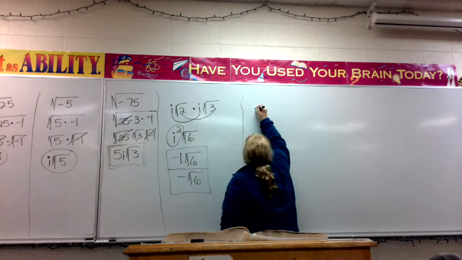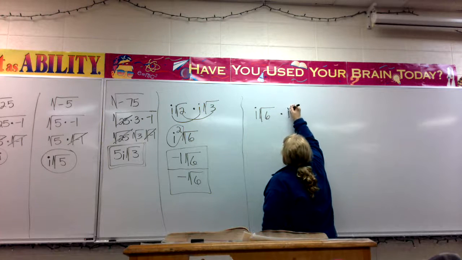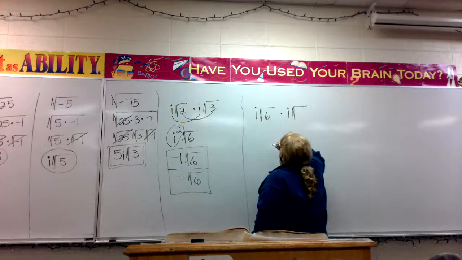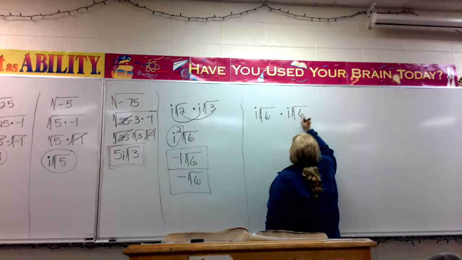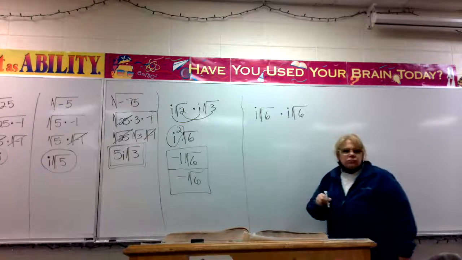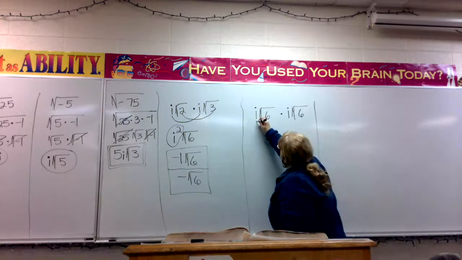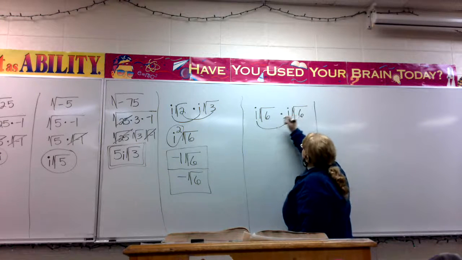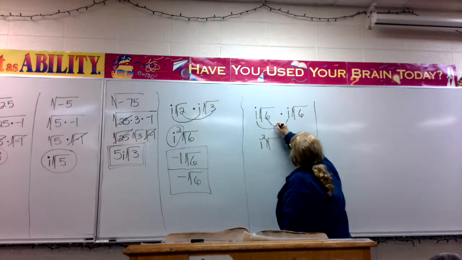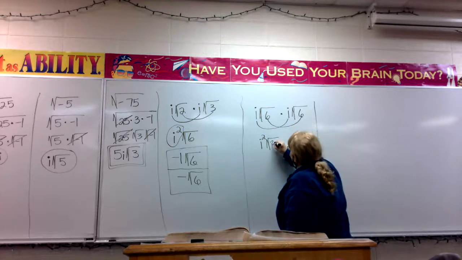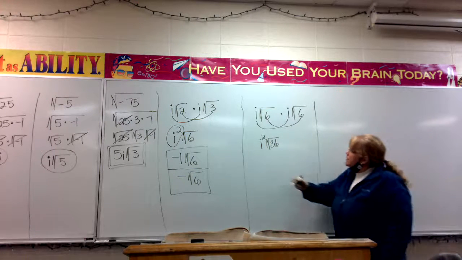And if you had something like 6 times I root of, let's do another root of 6. What would that be? Outside, I times I is I squared. Inside, 6 times 6 is 36. That for sure is not simplified.